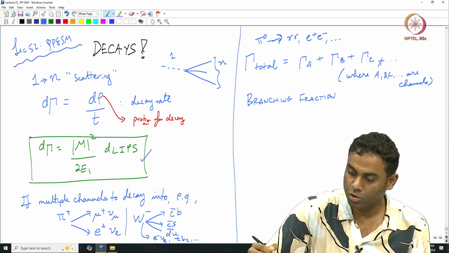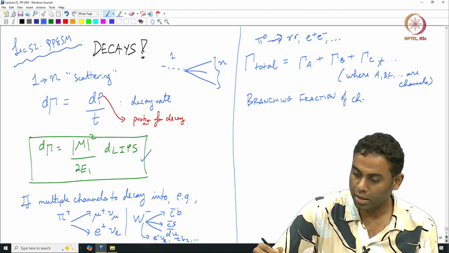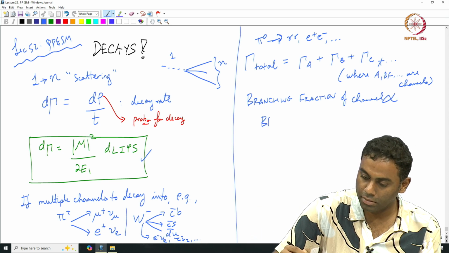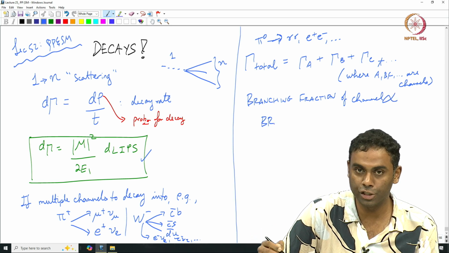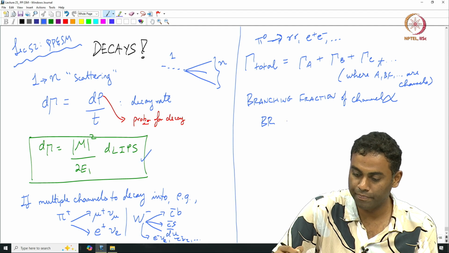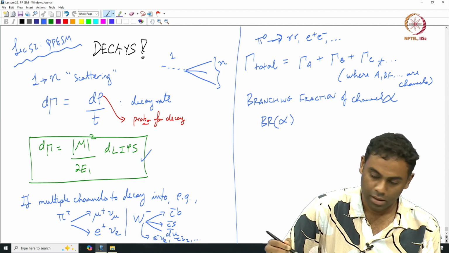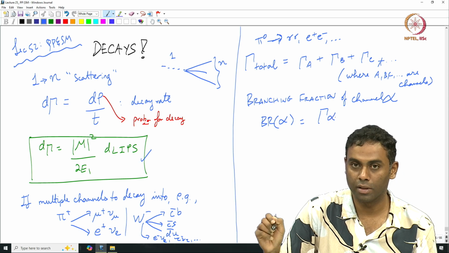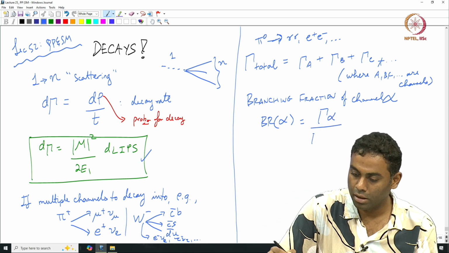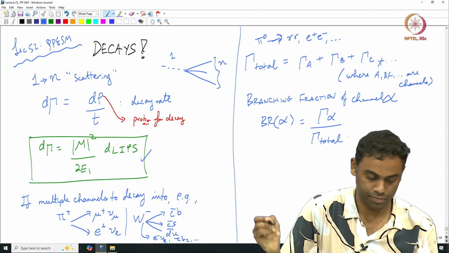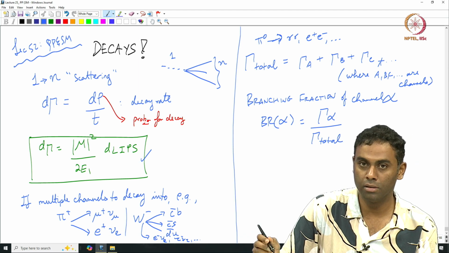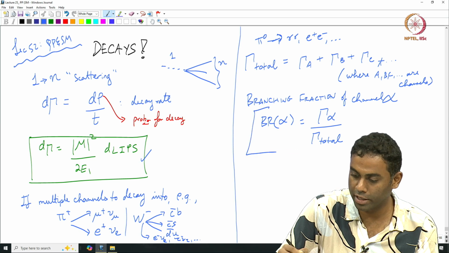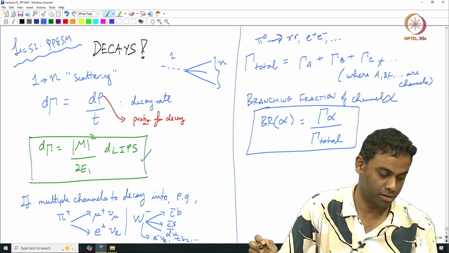So the branching fraction of a given channel alpha, it is also called the branching ratio, that is why I write BR, is the decay rate of that particular channel divided by the total decay rate. So if I sum them all up, of course I have to get 1.